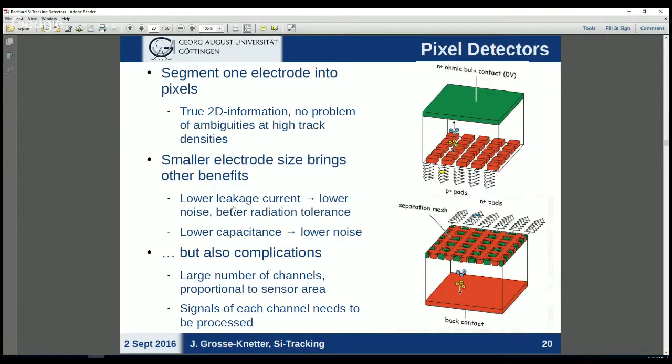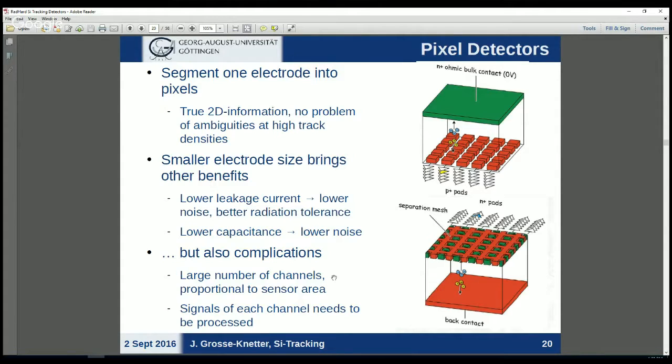That's even better for noise. That's in electronic terms, essentially because you have smaller electrodes. Smaller electrode area means a smaller capacitance, which is beneficial for the electronics. The complication which will make the technological challenge for pixel detectors is you have to connect a reader to each of those pixels, which can be a hassle.